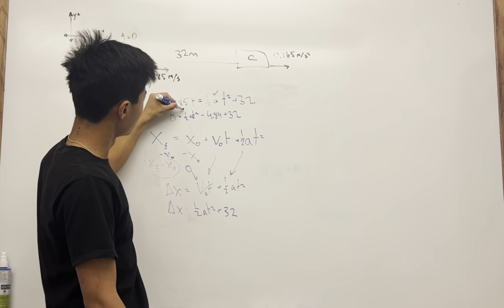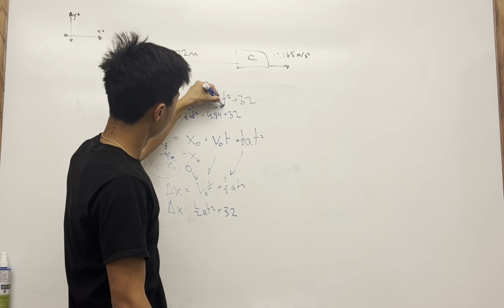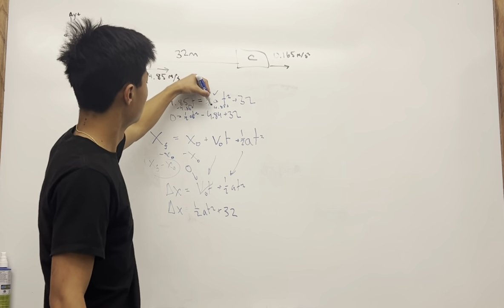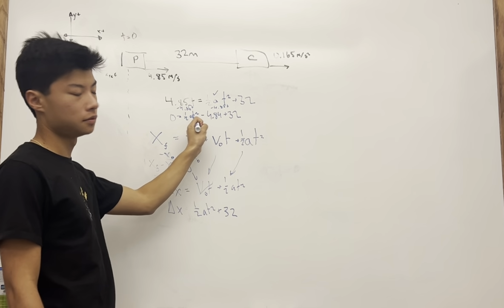All I did was subtract 4.85t. And we only have one variable, which is t.